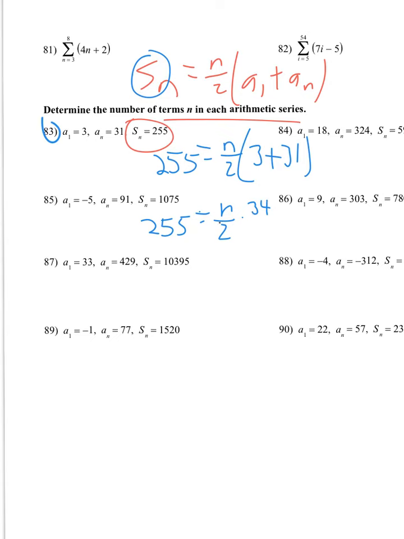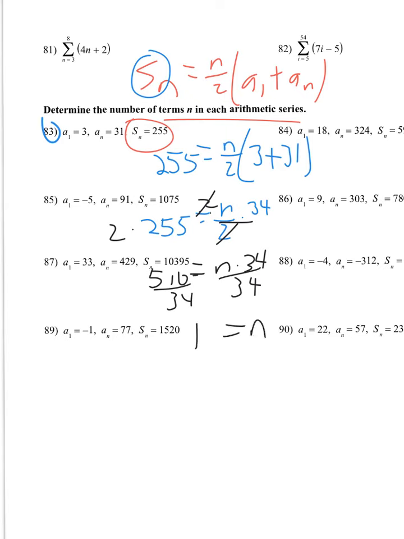What I'm going to do is get rid of this divide by 2, so I'm going to multiply by 2 and cancel it out on both sides. If I take 2 times 255, I get 510 is equal to n times 34. Now I'm going to divide by 34, and this will give me the number of terms n, and if I divide that, I get 15.